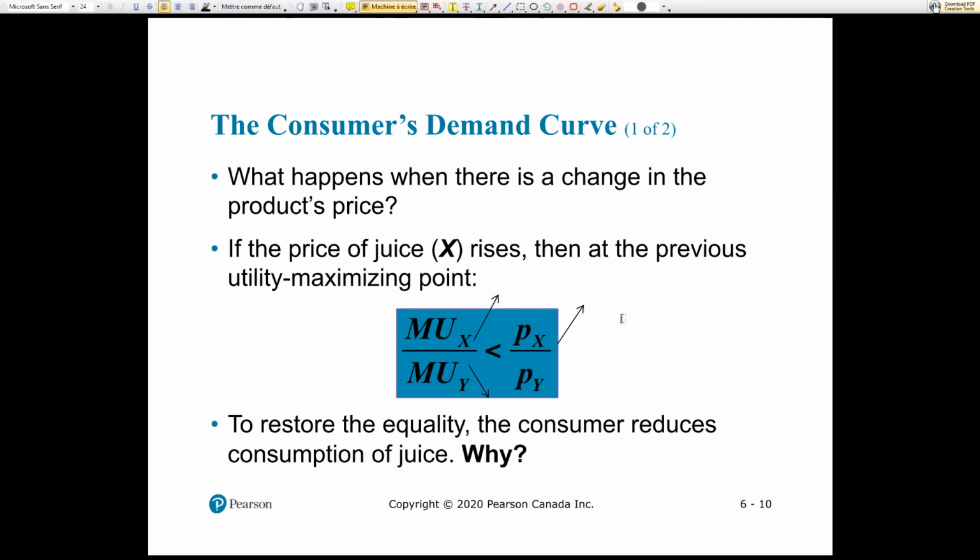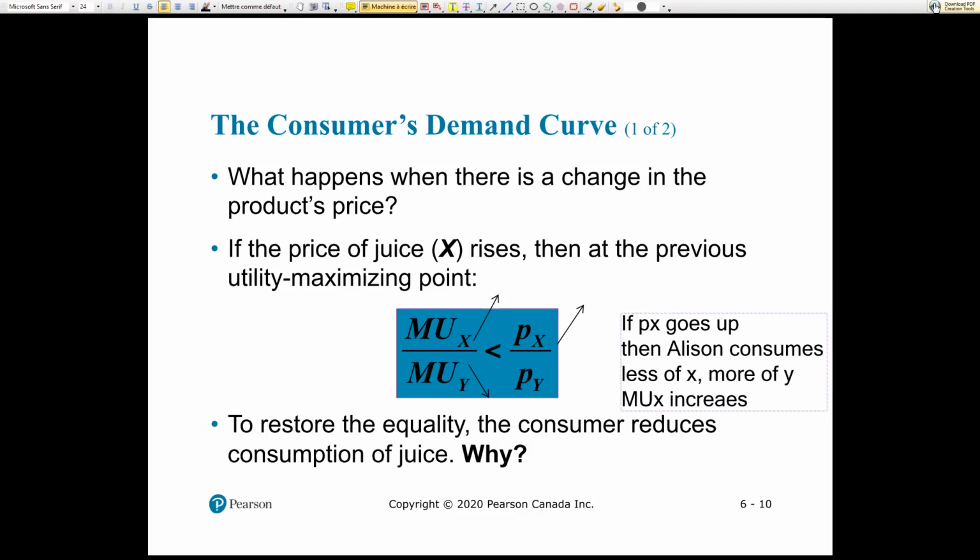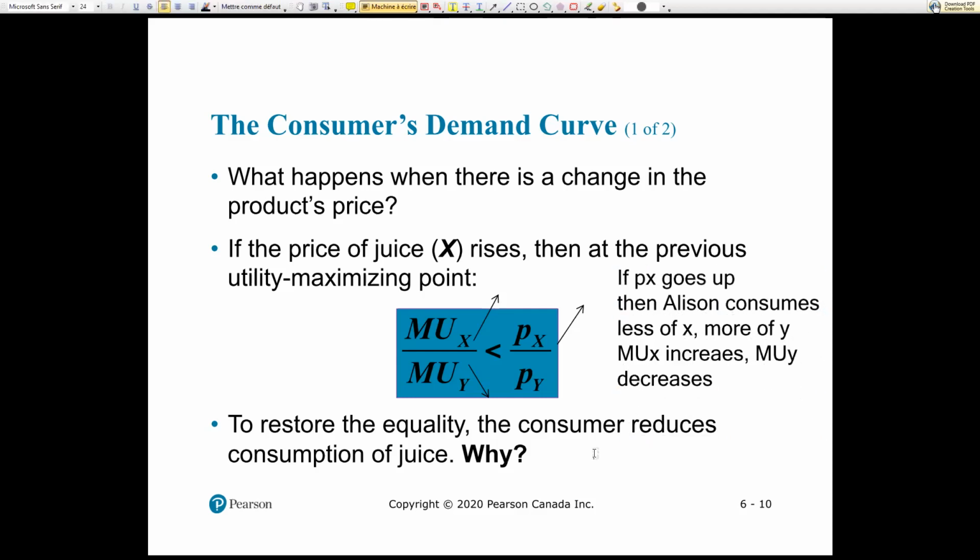So if Px goes up, then Allison consumes less of X, more of Y, and MUX increases and MUY decreases. And this is going to restore the two together.